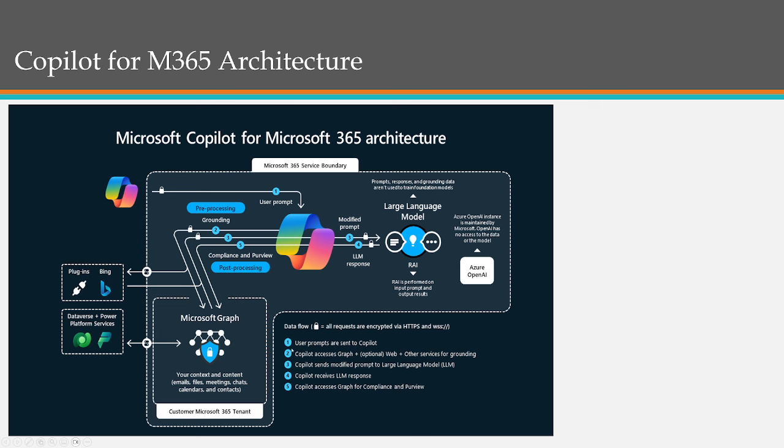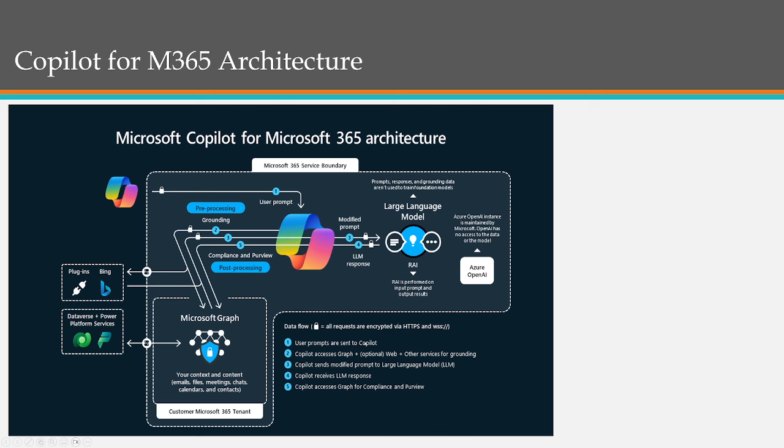Let's start with point number one. When the user prompt is sent to Copilot, assume that you open Word and type, hey, write a summary. I want to create a new project called course management, right? In Word, Copilot will first take the user input.